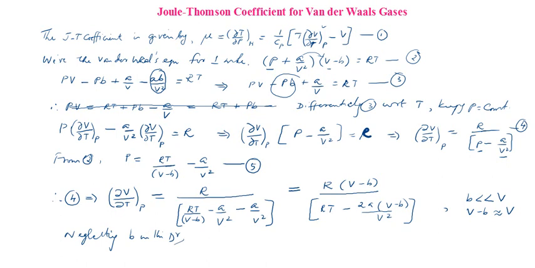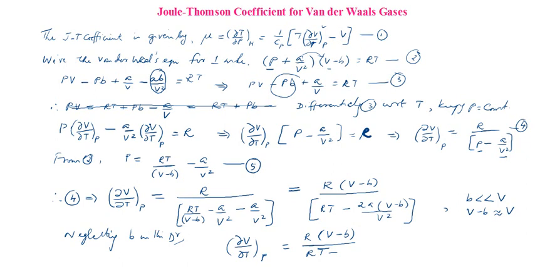What will this one be? So I will get dou V by dou T at constant pressure equal to, I'm not doing anything with the numerator, I'm retaining V minus B divided by RT minus, and what is the advantage of that approximation?